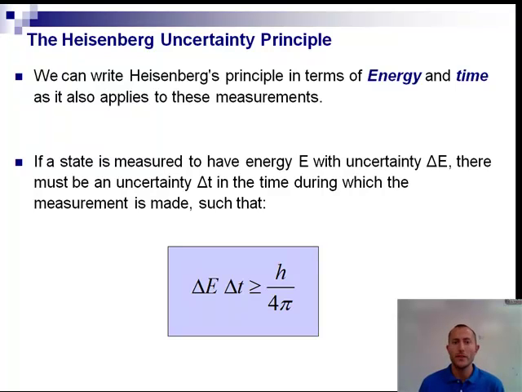And it's greater than or equal to Planck's constant divided by 4 pi. See, that's a constant. It's Planck's constant divided by two constant numbers. And so if the uncertainty in the measurement of energy decreases, then the uncertainty in the time must go up, and vice versa.